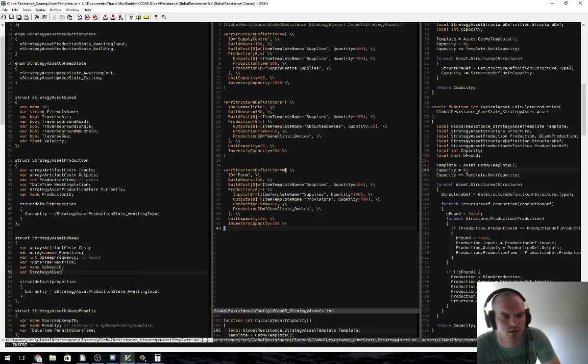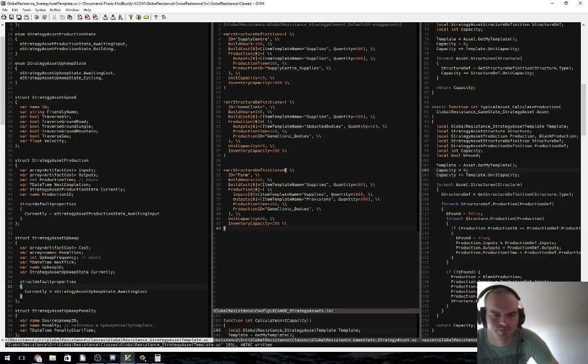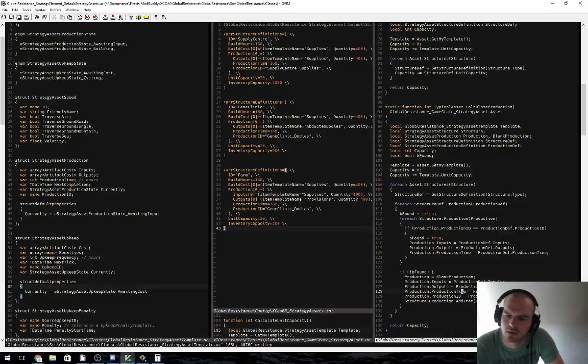Strategy asset upkeep state. Currently. Yep, so they'll build like that. And for all of these, what we can do is, alright, after you do this, it has to do some cycle to know when the next tick is for this whole strategy asset.